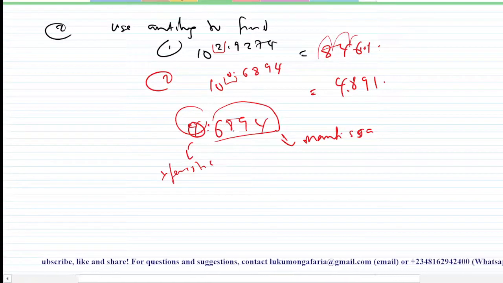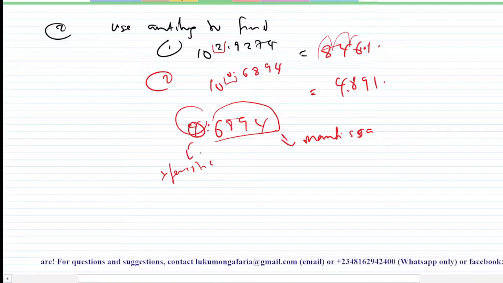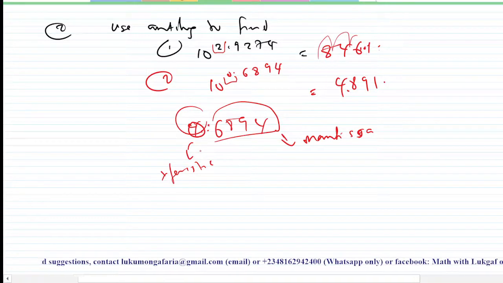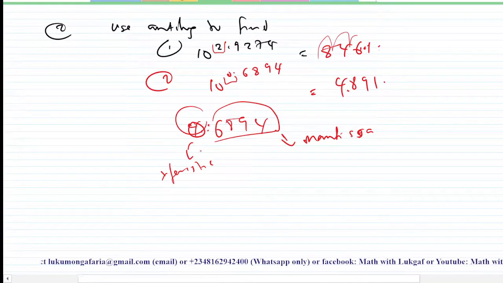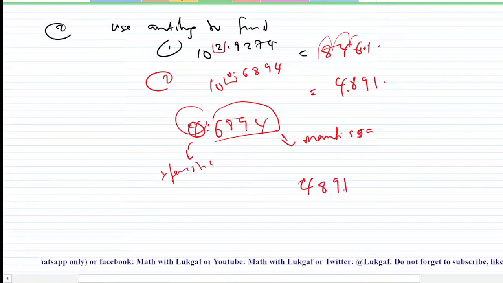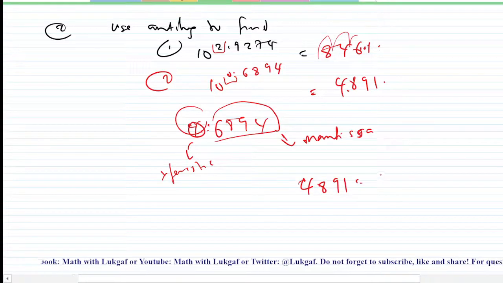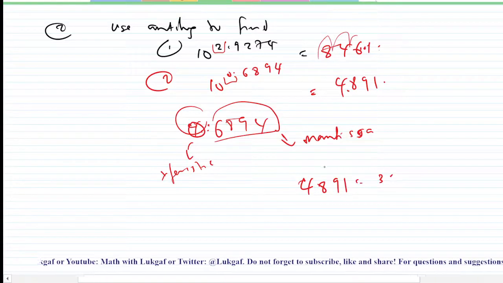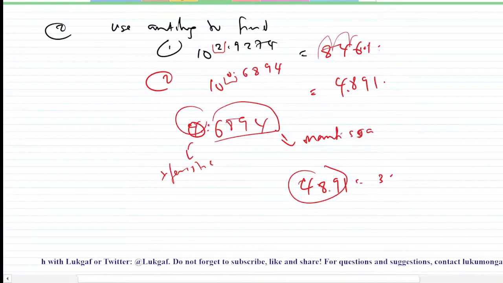Characteristics part. And if you want to check the logarithm of a number, find the characteristics part by counting the digits of that number and subtract 1 from it. For example, if I want to find the logarithm of 4891, then the number of digits here is what? Is 4, so the characteristics is 3. Then you look up this number in your logarithm table, that's 48 under 9, difference 1.